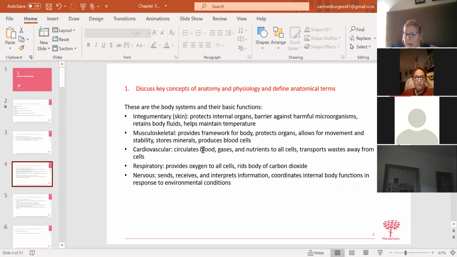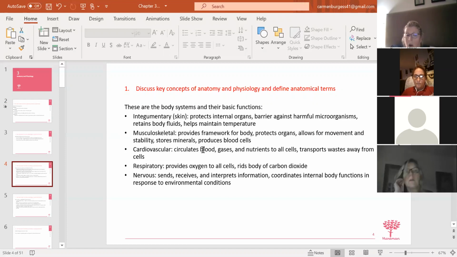Do you know the 10 body systems? Y'all probably studied that in medical terminology. Just know what each one makes up. You know, the skin, what it does, musculoskeletal, what it does. It's there for protection. The cardiovascular, that's going to be important. What does it do? Circulates blood, circulates gases, takes nutrients to the cells, and then transports all that waste back.